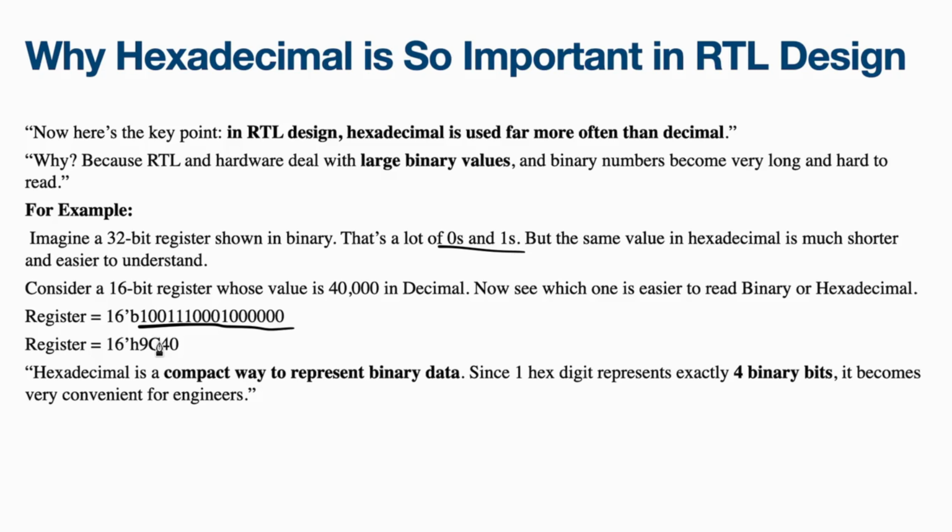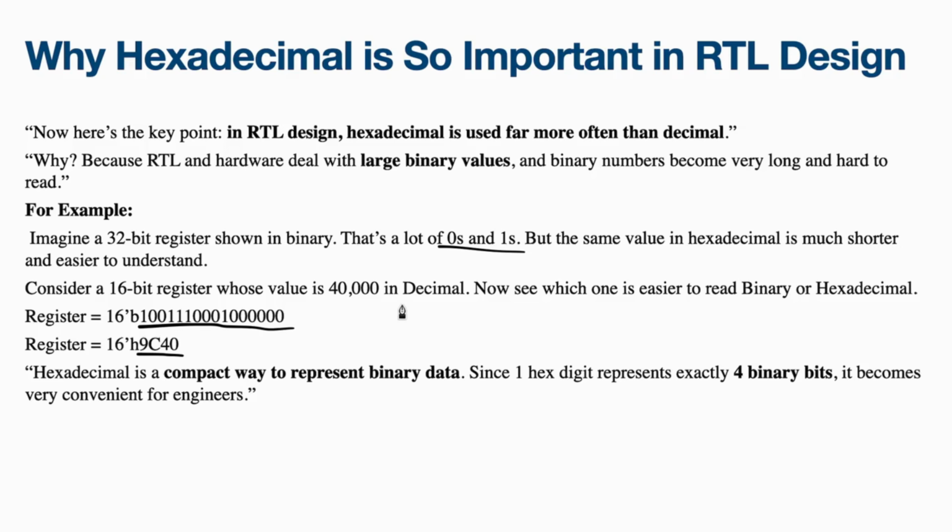Now, if I convert that 40,000 in binary, it will be a lot of ones and zeros. And if I have to write it in binary, I can make a mistake with any one of the zeros or ones, and it will be hard for me to quickly see whether I have made a mistake or not. Whereas if you represent the same number in hexadecimal, it is very compact, shorter and easier to read.